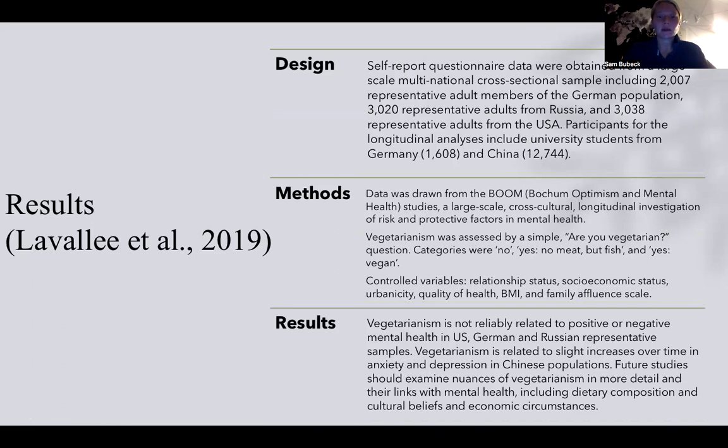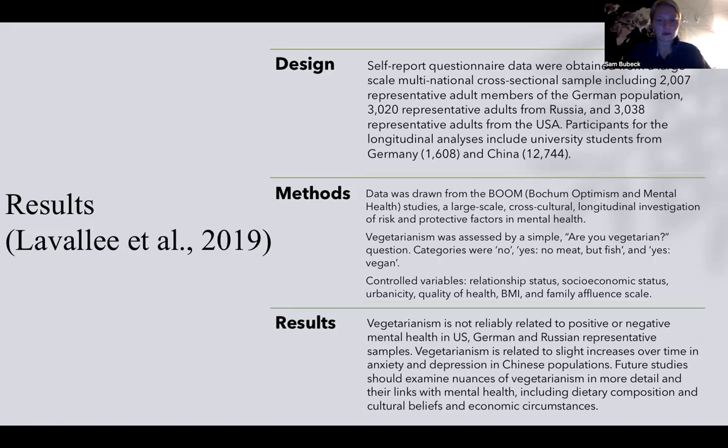The design of the study was self-report questionnaire data, obtained from a large-scale multinational cross-sectional sample, including 2,007 representative adult members of the German population, 3,020 representative adults from Russia, and 3,038 representative adults from the USA. Participants for the longitudinal analysis include university students from Germany, 1,608 participants, and China, 12,744 participants.